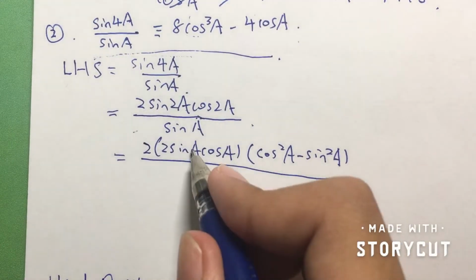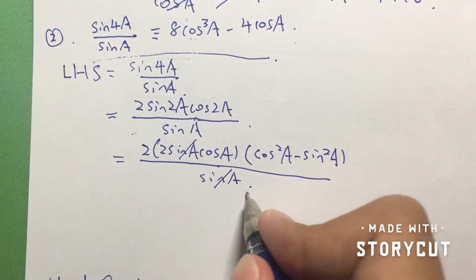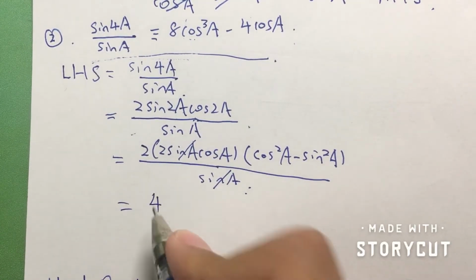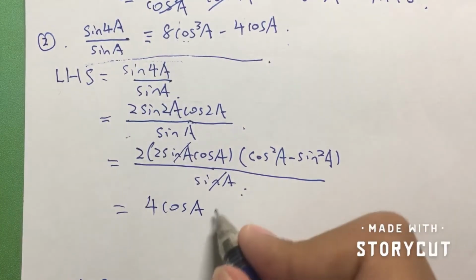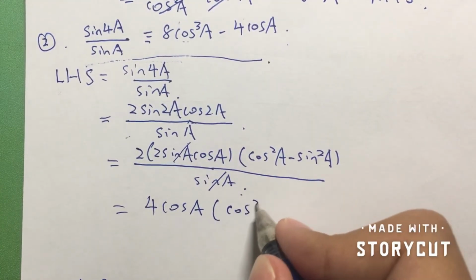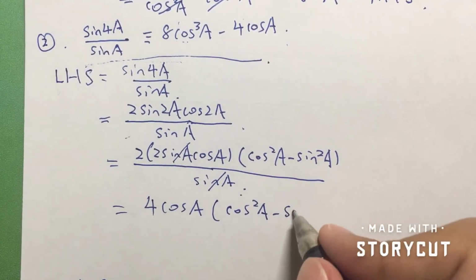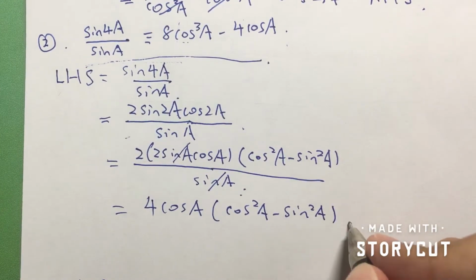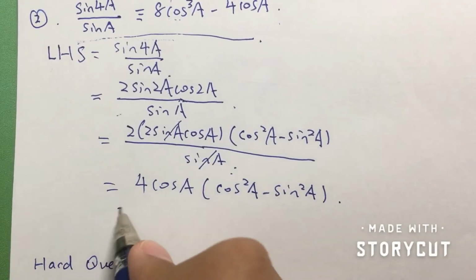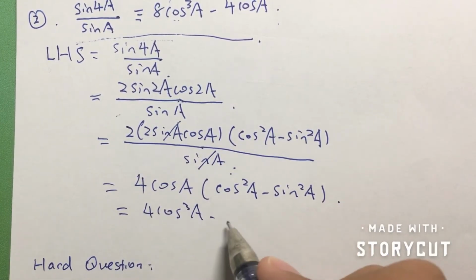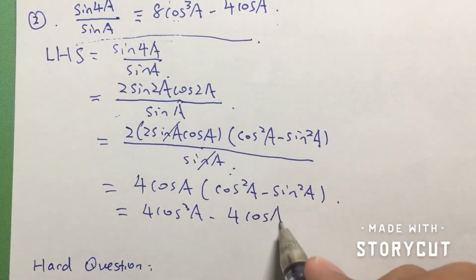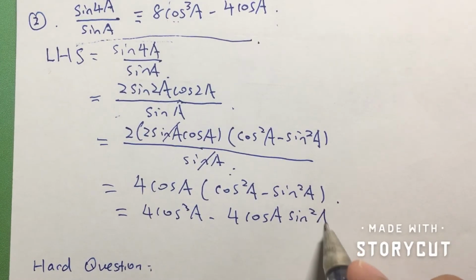And now, because here is a sine a, we can divide these two, and this is becoming 4 cosine a times cosine squared a minus sine squared a, which is 4 cosine cubed a minus 4 cosine a sine squared a.